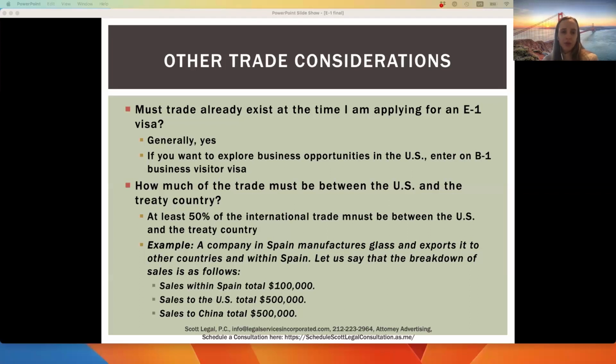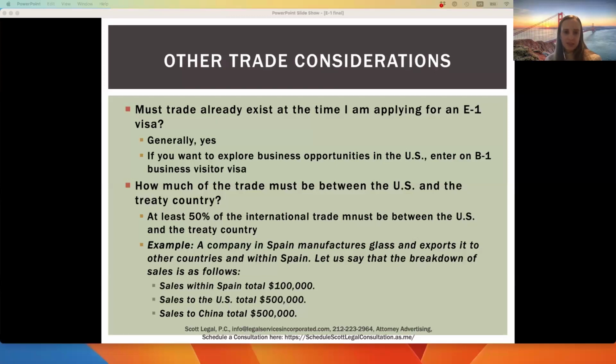So the general rule is that yes, the trade does already have to exist at the time you apply for the E-1 visa, because you have to meet the requirements of substantiality, and the requirement that the trade must be international. So I would say that the general recommendation is yes, the trade must already exist.